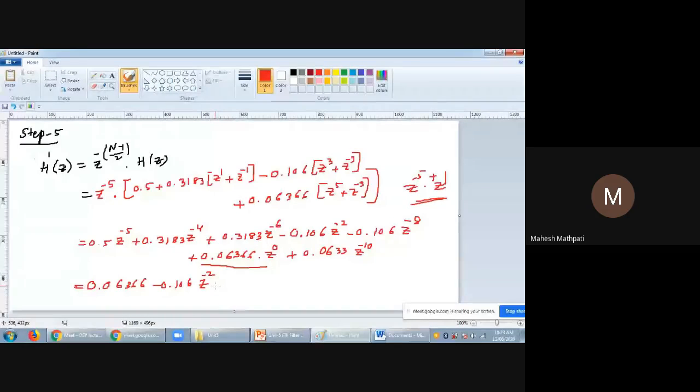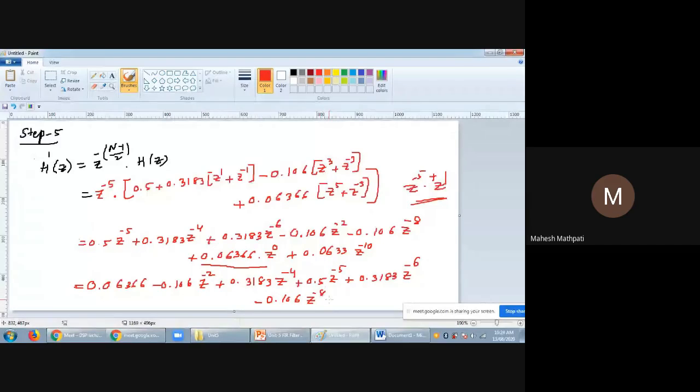After that plus 0.3183 into z power minus 4, then plus 0.5 into z power minus 5, plus 0.3183 into z power minus 6, then minus 0.106 z power minus 8.